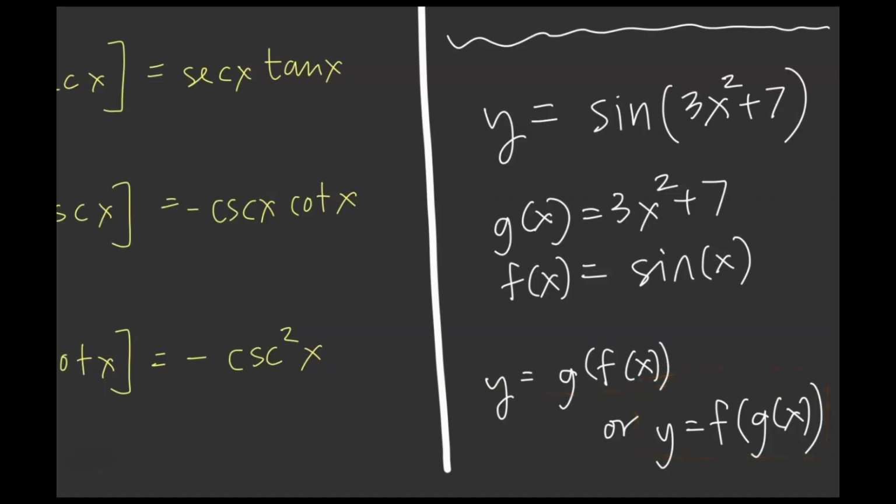Well, it looks like we put g of x, 3x squared plus 7, in for the variable in f of x. So we were putting g of x into the function f of x. This is definitely the correct interpretation of how we would write that function, and not the other one.